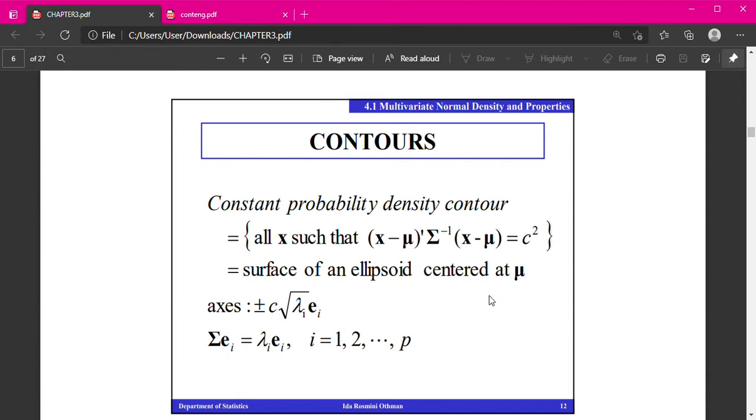So, kalau kita nak lukis ellipsoid, we need the value of this square distance, which is sebabnya axis of the ellipsoid adalah plus minus c, which is this value. Okay, square root of the square distance multiply dengan square root of the eigenvalue multiply dengan its normalized eigenvector.